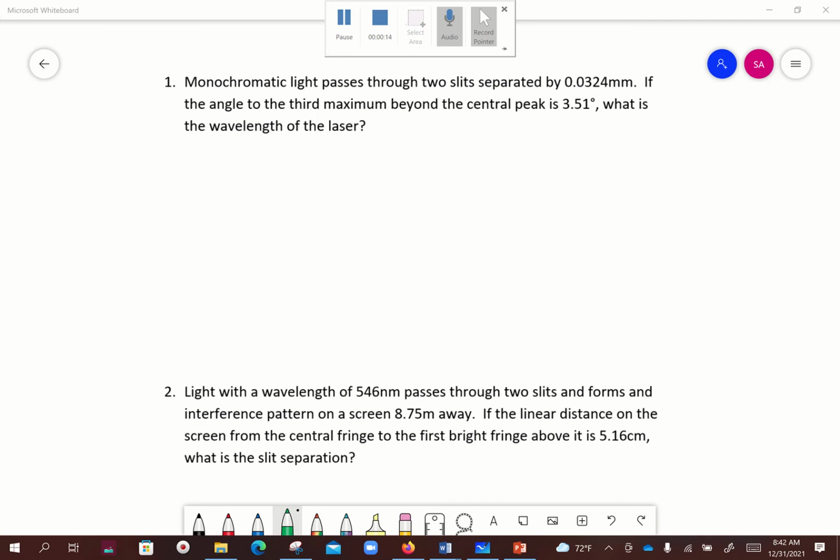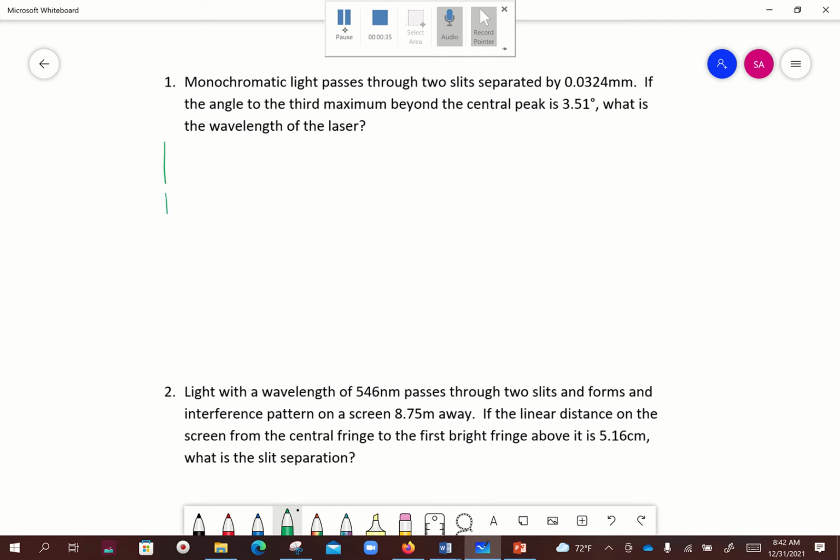We said that monochromatic light, which means a single wavelength, a single color, passes through two slits separated by 0.0324 millimeters. If the angle to the third maximum beyond the central peak is 3.51 degrees, what's the wavelength of the laser? So what goes on in double slit diffraction?